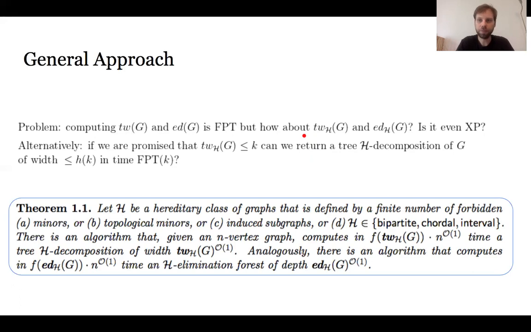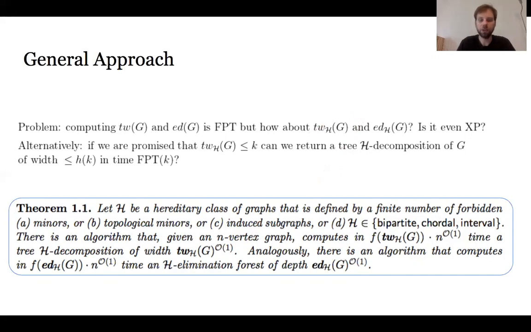So this is a theorem that when H is a graph class given by either a finite number of forbidden minors or topological minors or induced subgraphs, or H can be a class of bipartite, chordal, or interval graphs, then there is an FPT algorithm that computes an approximately optimal 3H decomposition, and this approximation guarantee is polynomial with respect to H triwidth.